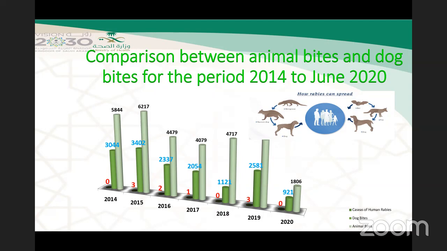From January up to June 2020, we have 1,806 bites, of them 921 by dogs, and there were no cases here.